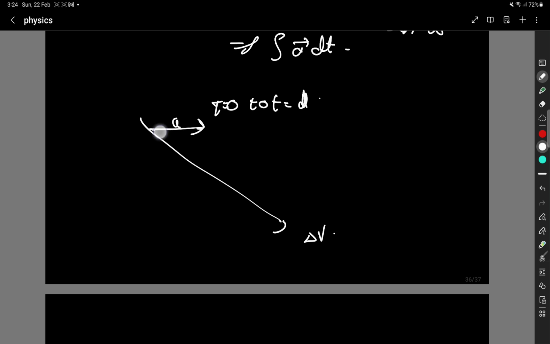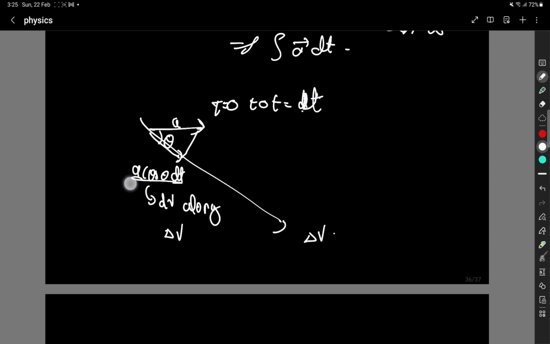This will be a, and let this be some theta. A cos theta dt is the dv along delta v. But clearly, as per the problem, if I have to minimize the time taken, I'll have to minimize the dt also.